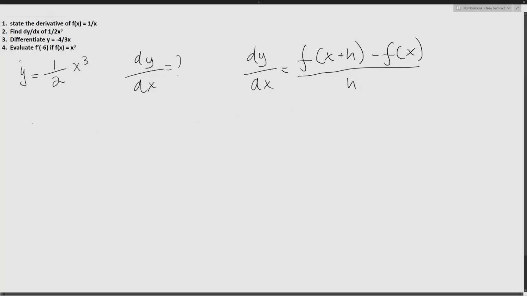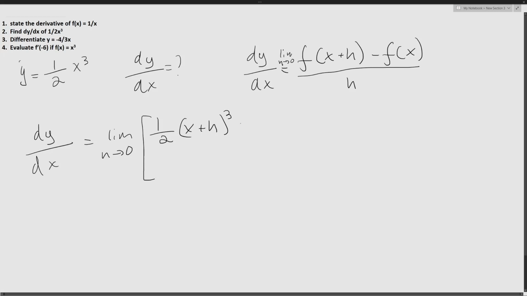So in our case, let's substitute the function in. So dy over dx is equal to the limit as h approaches 0, oh, I forgot the limit, there you go, of our function, which is 1 over 2, and then x plus h to the power of 3, let's actually put a big bracket around it, minus 1 over 2 x to the power of 3, all divided by h.